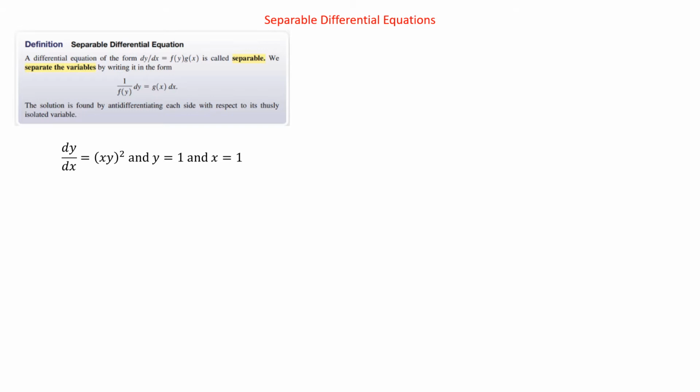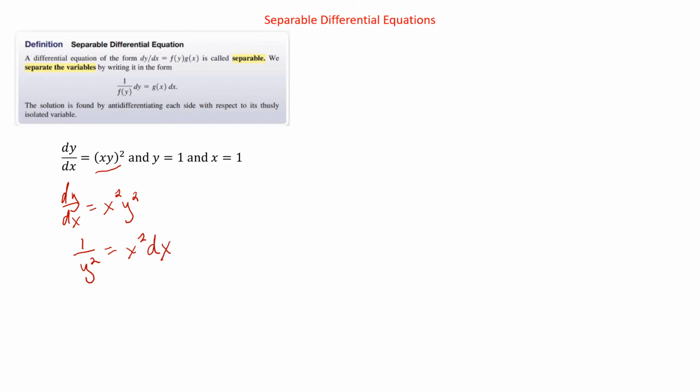The very first thing we need to do in any of these problems, once again, is separate the variables. Right now, we can't do that. We first have to deal with that squared. So we get dy over dx equals x squared y squared. Now we can divide, we can multiply to get 1 over y squared dy equals x squared dx.